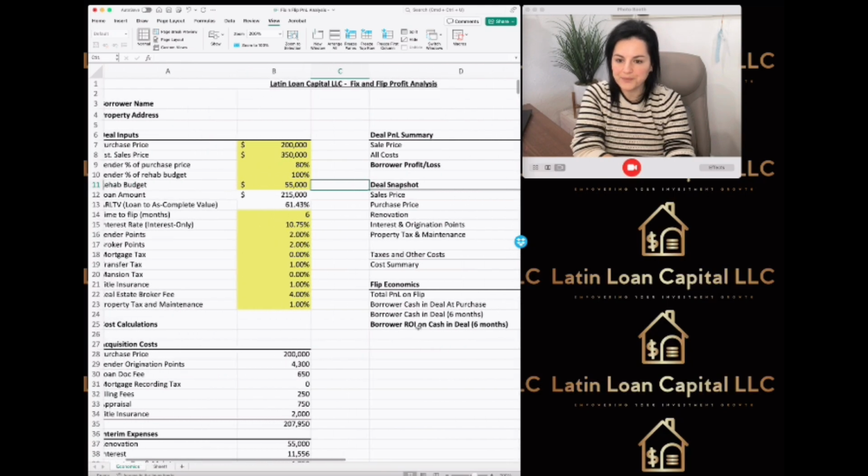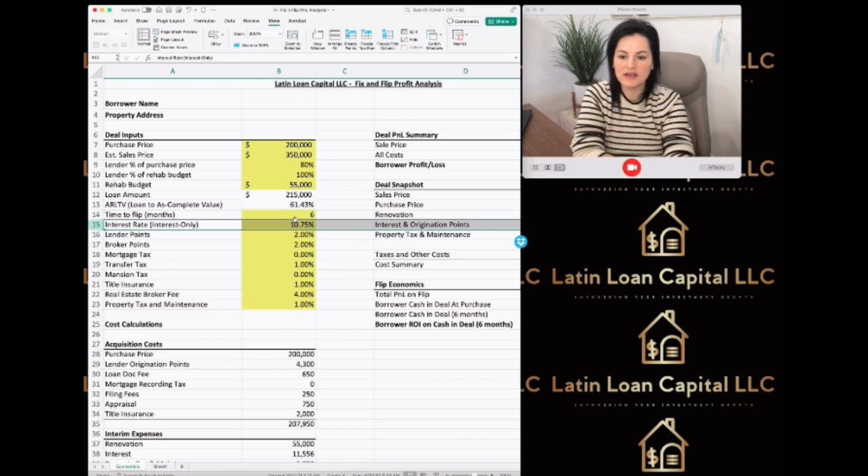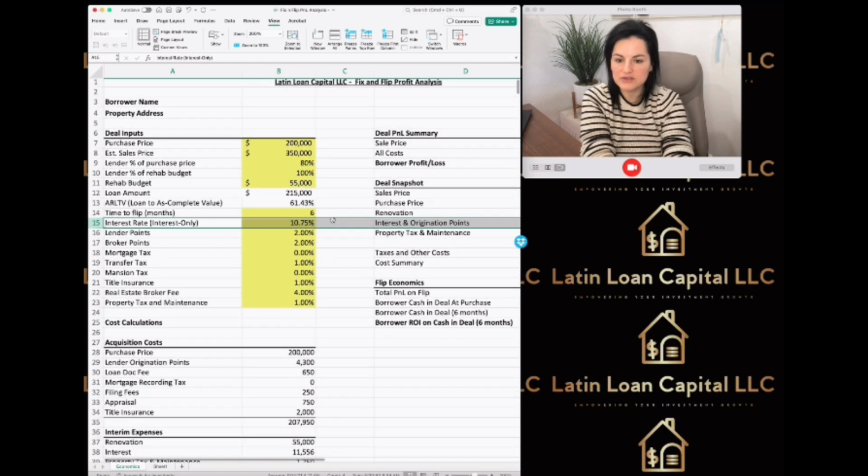Now the way we calculate the time to flip is because of the interest that you're gonna be paying every month. These loans are interest only, and there is no prepayment penalty.